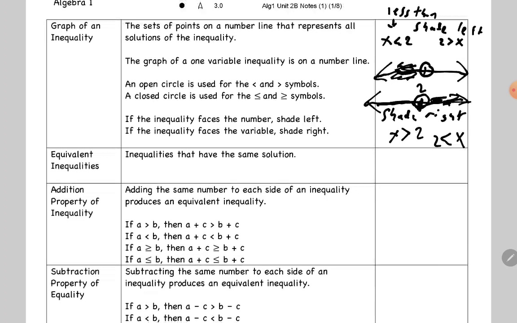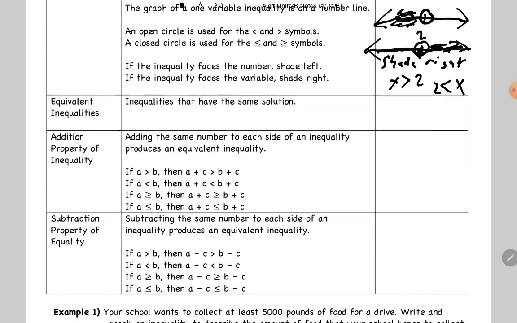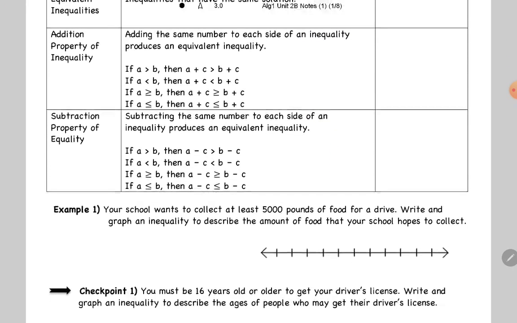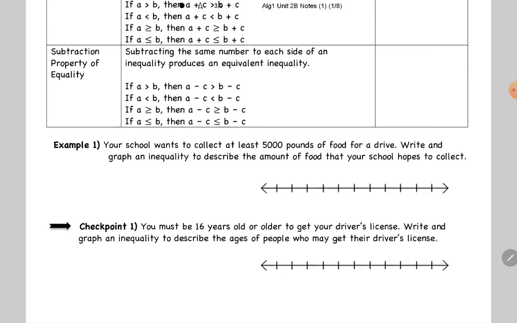Equivalent inequalities are inequalities that have the same solution. And this just tells us we're allowed to add to both sides of the inequality or subtract. So let's do some examples here.